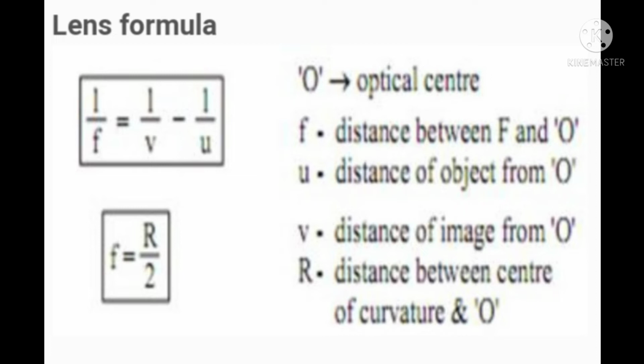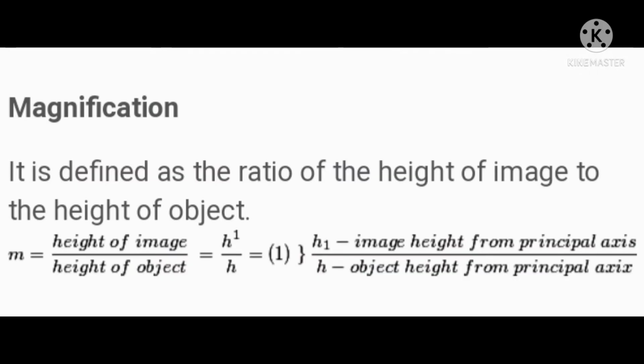Now next we have magnification, like we did for the spherical mirror also. Magnification is defined as the ratio of the height of the image to the height of the object.